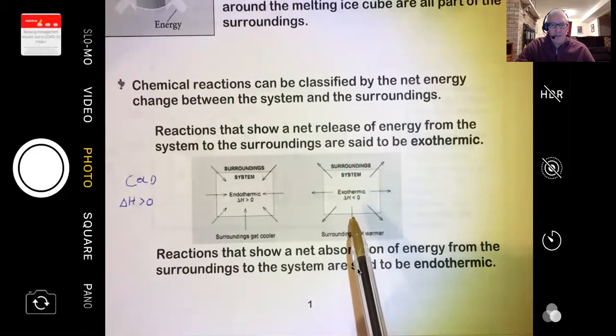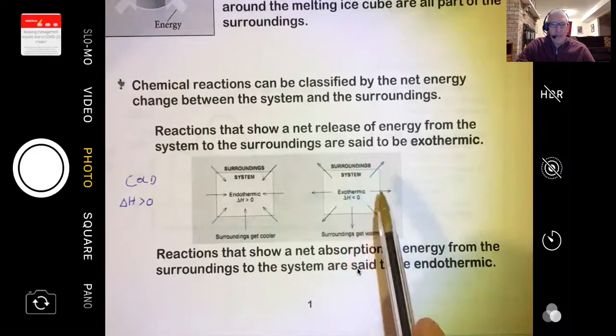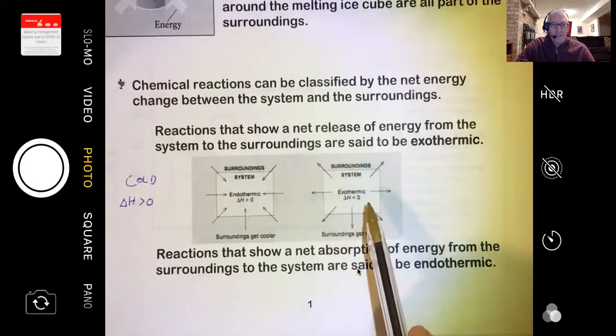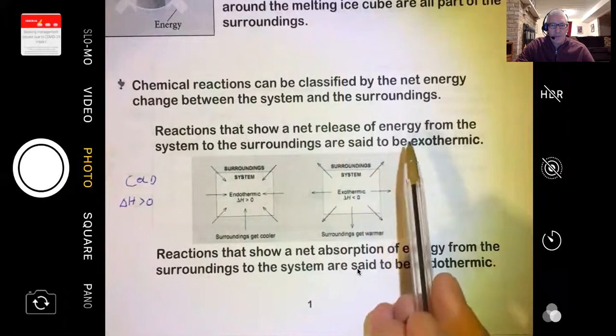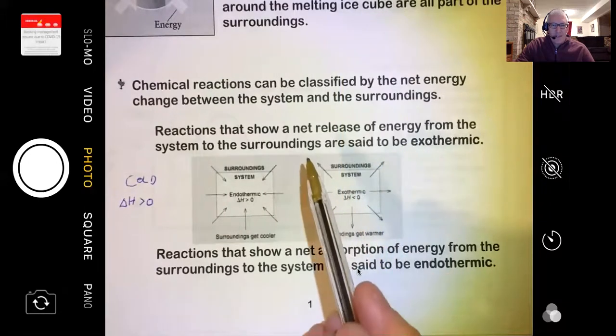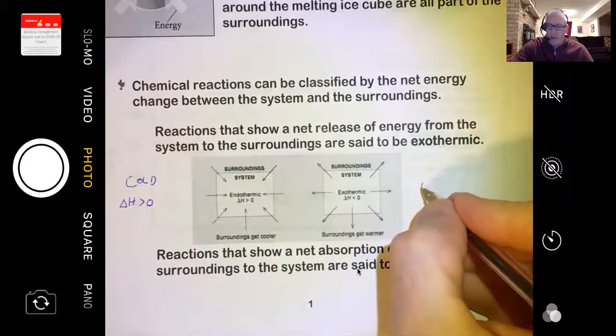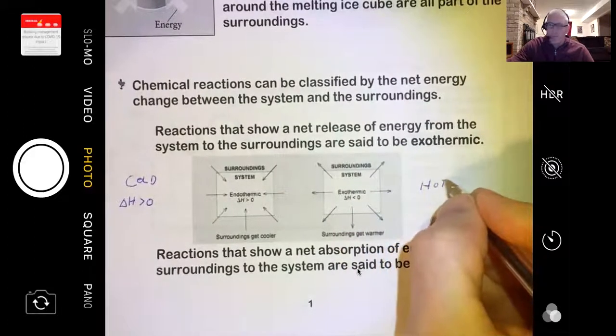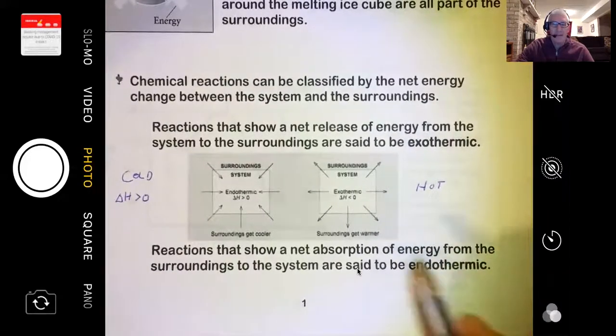Exothermic reactions, on the other hand, are totally different beasts. When the chemical reaction occurs, they create energy, and so they give energy to the surroundings. The system itself is giving off energy, which means that when you are near an exothermic reaction, it's going to feel hot because it's giving energy to the surroundings.